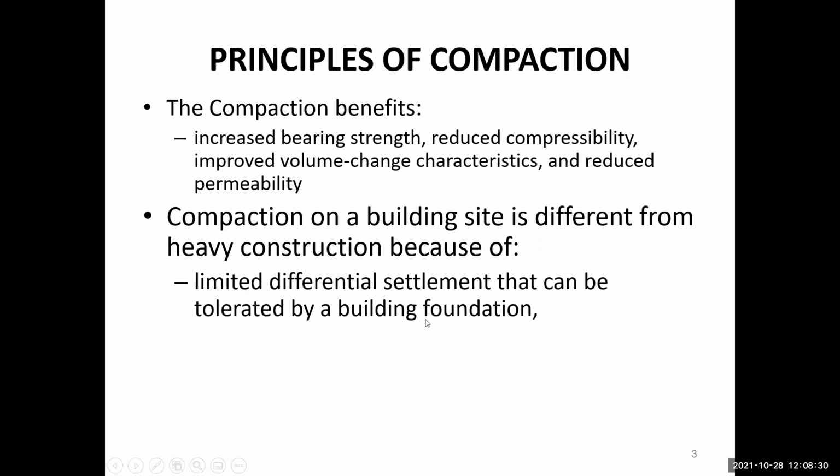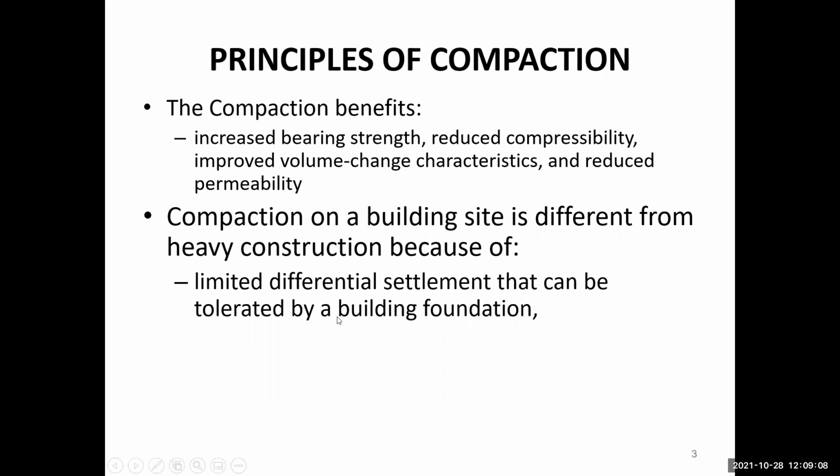So on a building foundation, there is a requirement that the differential settlement should be as minimum as possible, because if there is a high amount of differential settlement, then it means that the building on one side will settle more than on the other side, which may have a detrimental effect on the building.